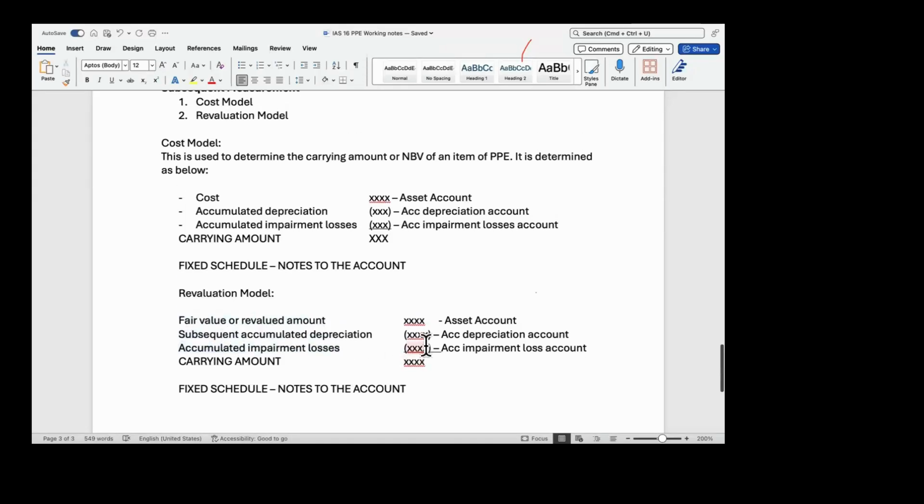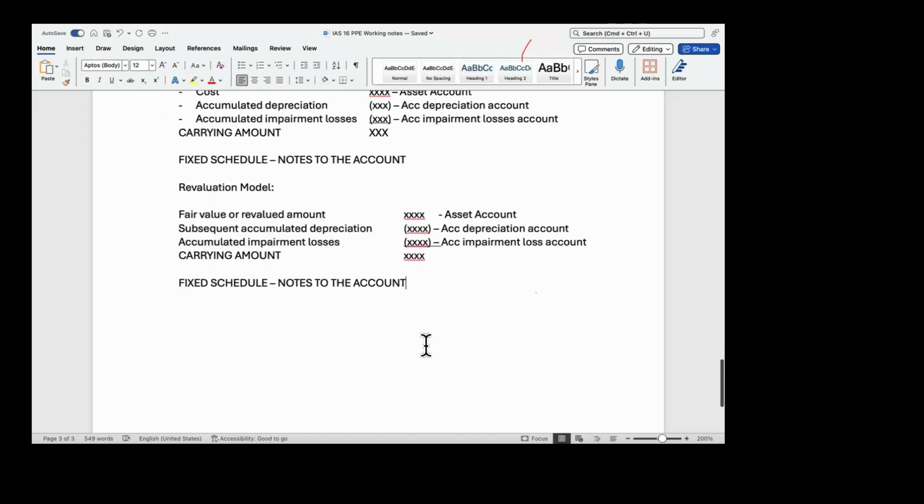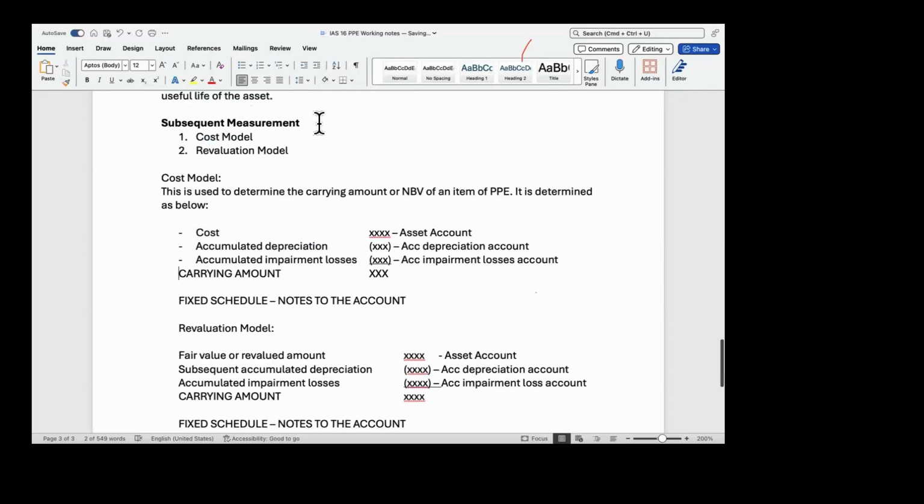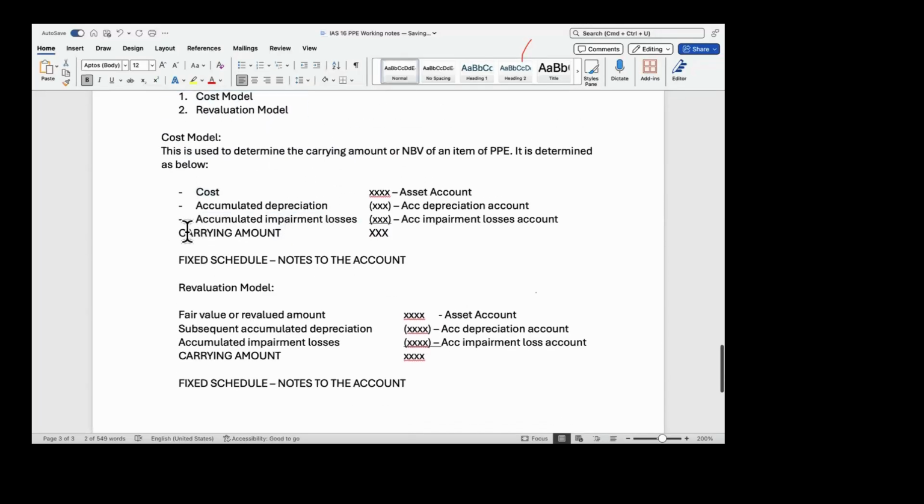Okay, now I'm sure every one of you understands that. Still under subsequent measurement, since you already know cost, let me teach you accumulated depreciation. I'm going to be silent around impairment losses, because as soon as you can determine cost and you understand accumulated depreciation, that means you understand subsequent measurement because you would be able to get the carrying amount.